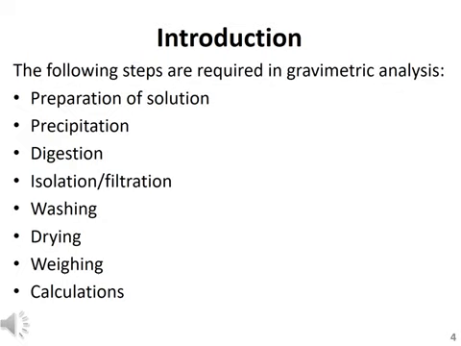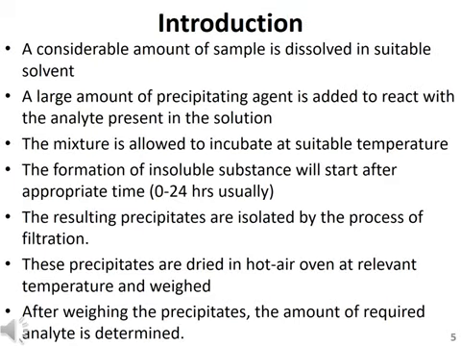After removing all the water, the precipitates will be weighed, and calculations will be made for the quantitative analysis of the targeted compound. Here in this slide, you will see the protocol to perform a gravimetric analysis.